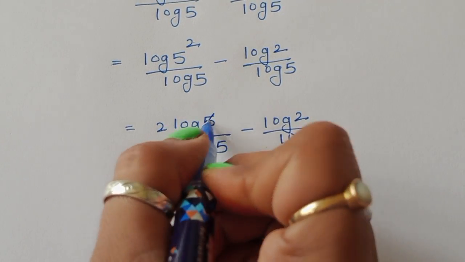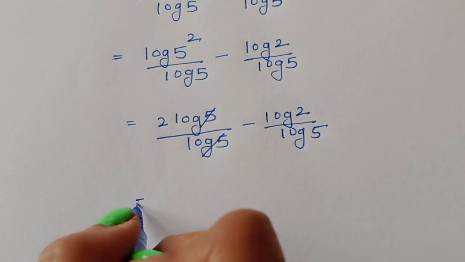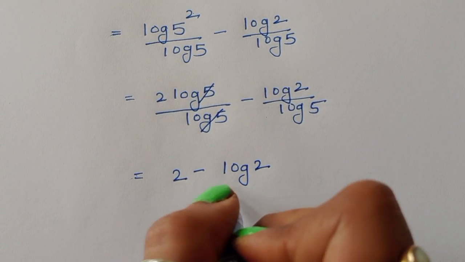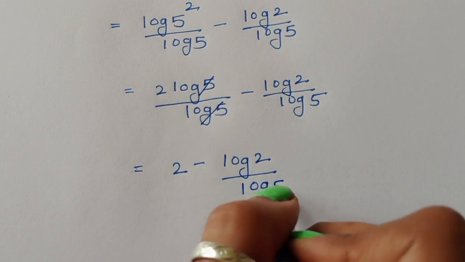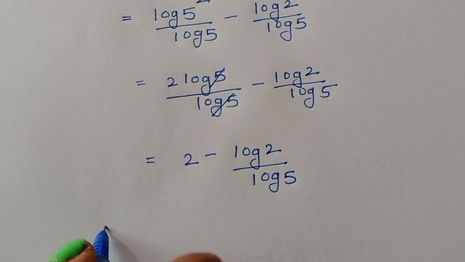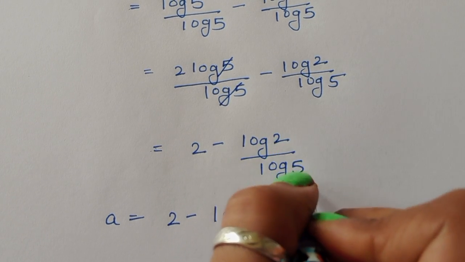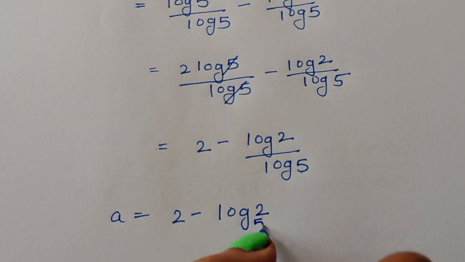Now this log 5 cancels. So we get 2 minus log 2 divided by log 5, or we can say the value of a is equal to 2 minus log of 2 to the base 5.